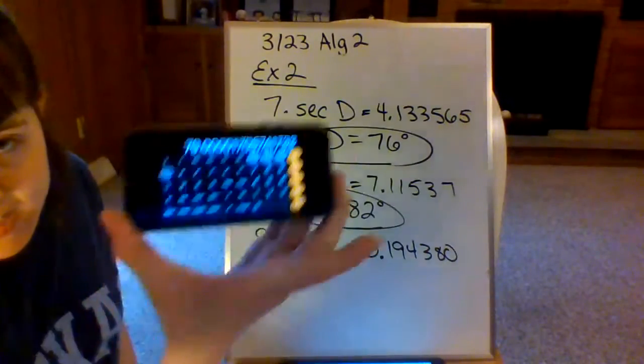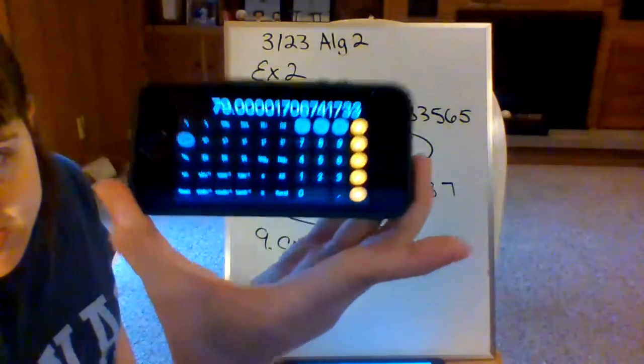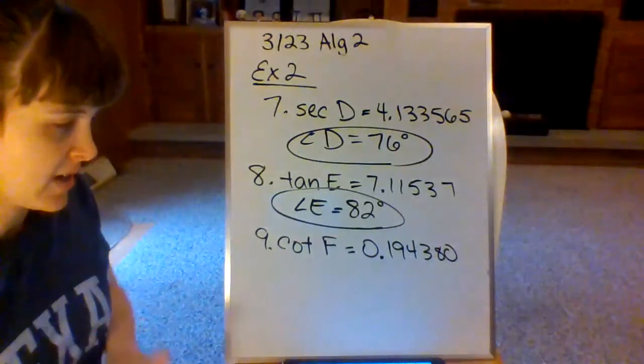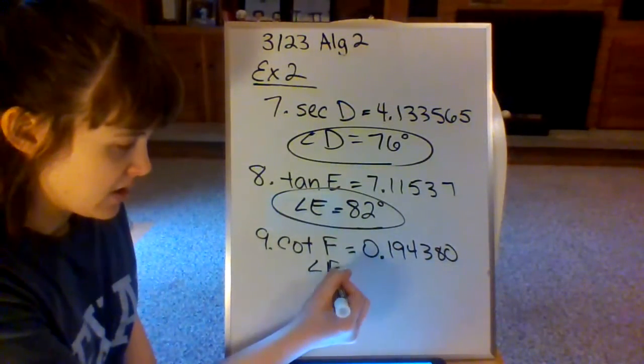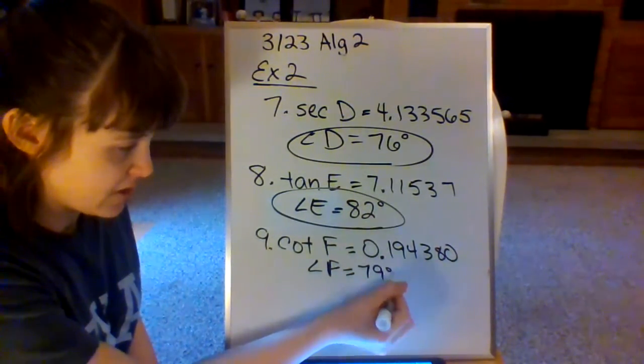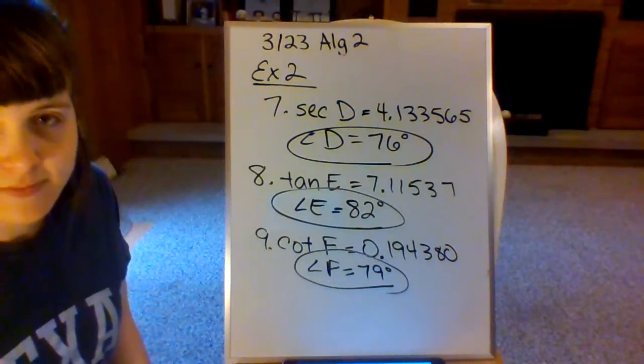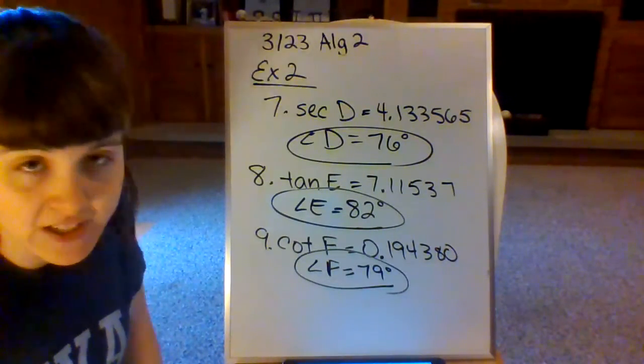And if you round this to the nearest degree, it's going to be 79. So angle F equals 79 degrees. Alright, so that's the last example.